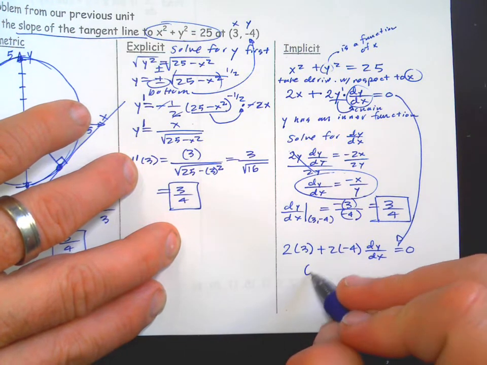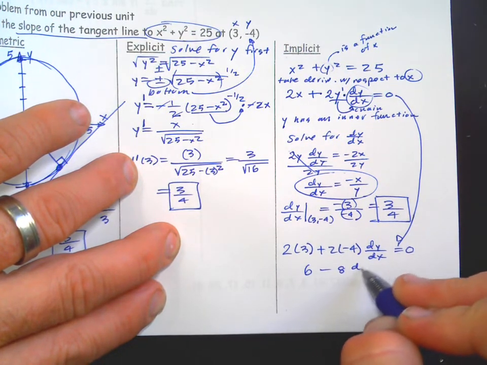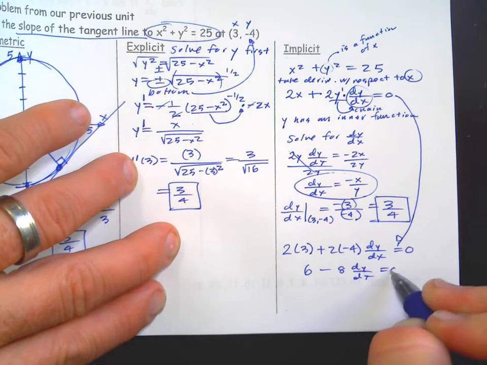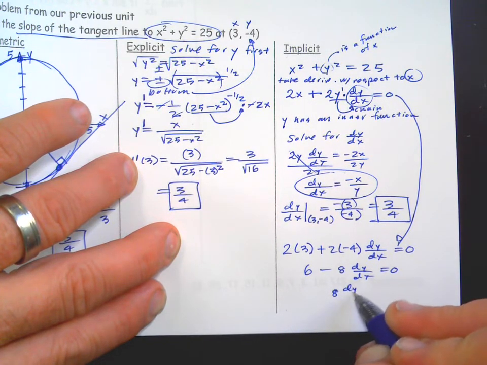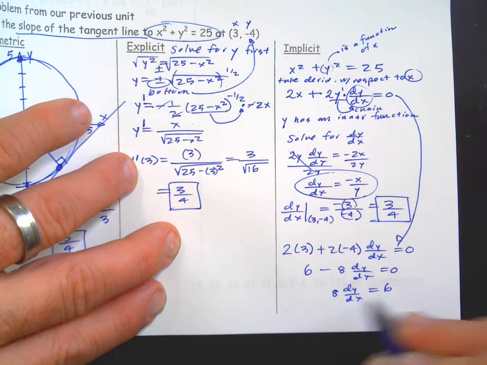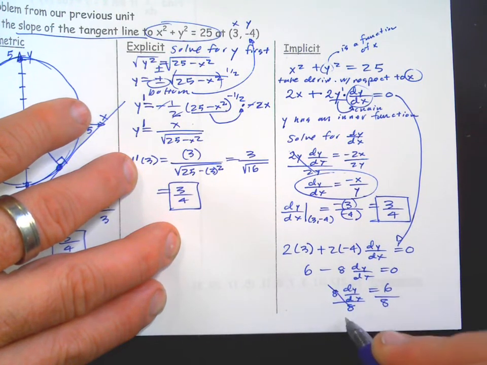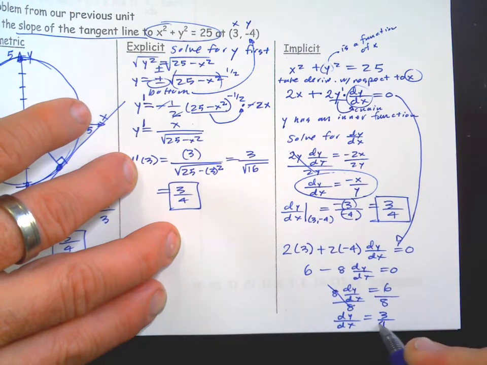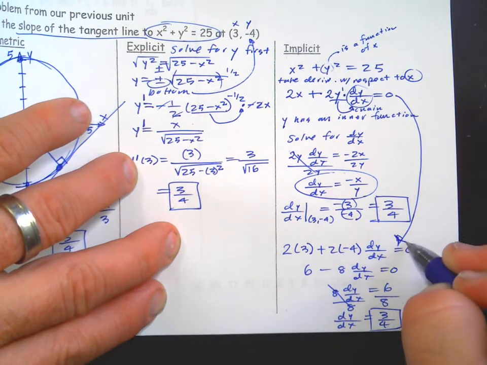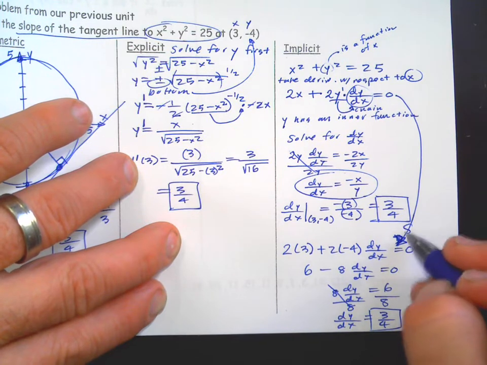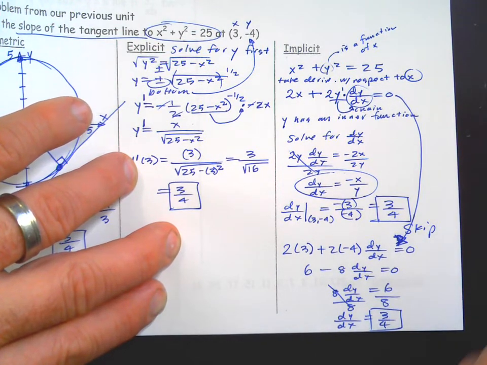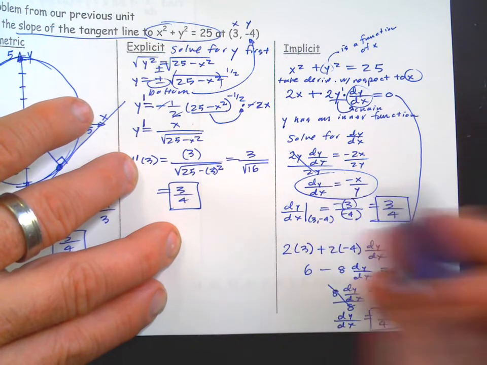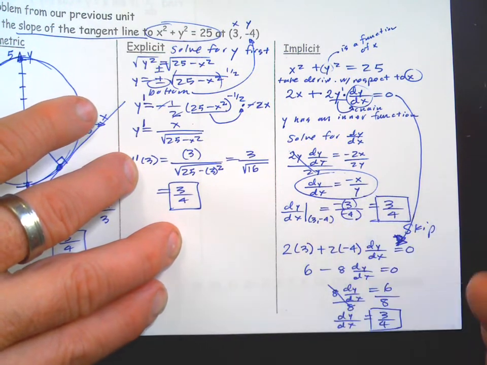So I would do this first and then get dy dx. And I think that's a bit easier. On this problem, it might not seem that big a deal, but on other ones, it'll probably make a big difference. So I would skip getting dy dx by itself if I was trying to get an actual value. Now, if the answer was the derivative itself, a formula, then yeah, you have to do that.